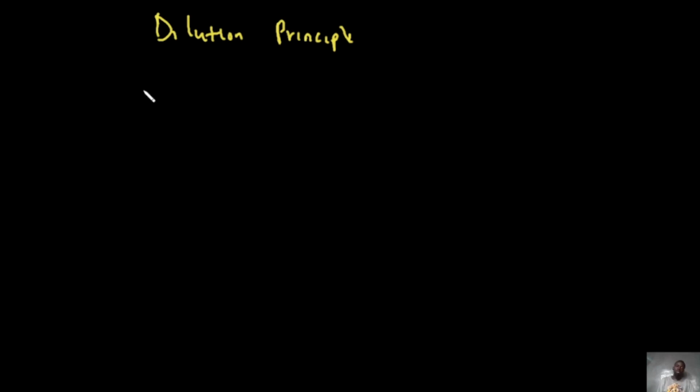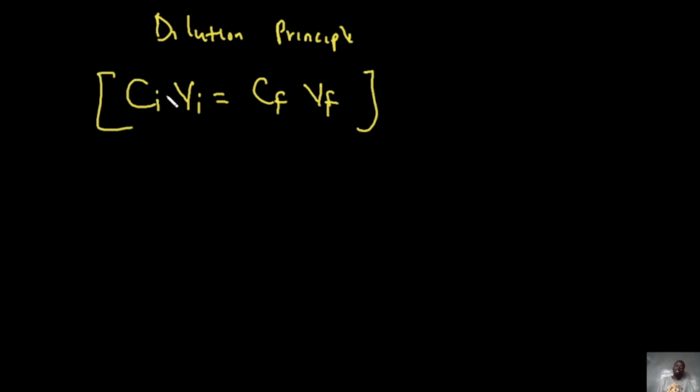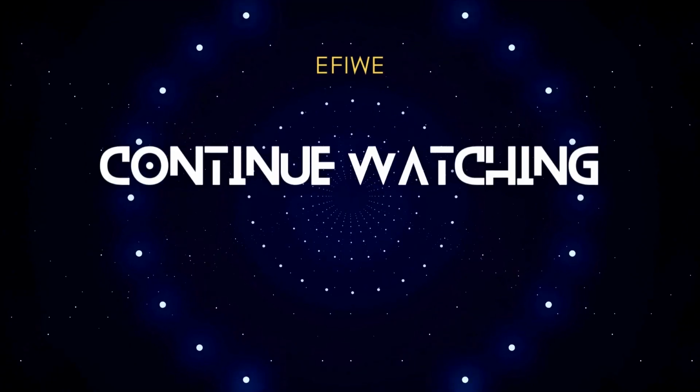The principle is given as C initial V initial equals C final V final. In my own word, I just call it "Psi Vi equals Sifo Vofo." Anyway, just have that in mind: this is the molar concentration initially times the initial volume equals the final concentration times the final volume. So once there is a change in concentration and you're expected to relate them, this is what to use.